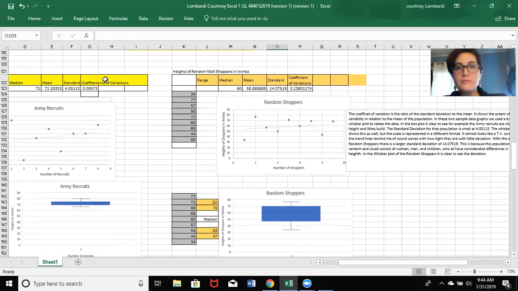That's going to be because if you think about Army recruits, you probably have about the same size, height, and build of a person going in to be in the Army, where when you have random mall shoppers, you have kids, men, women, all different types of demographics that you're measuring. So your standard deviation, the difference in their heights, is going to be bigger here.